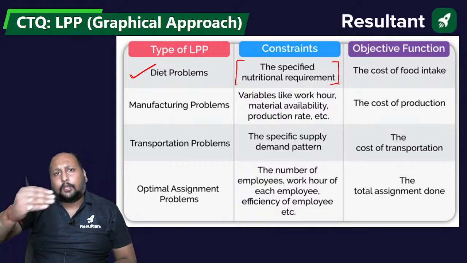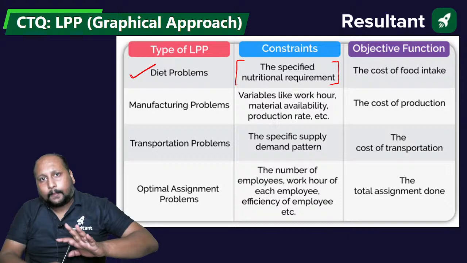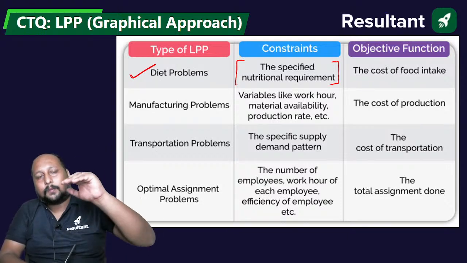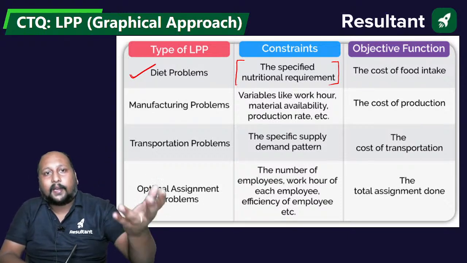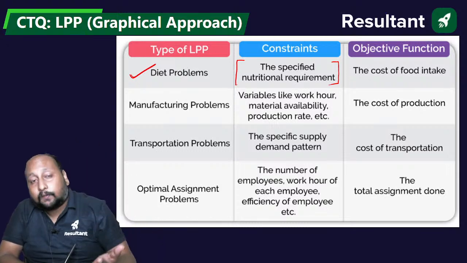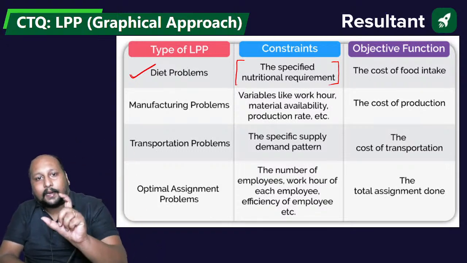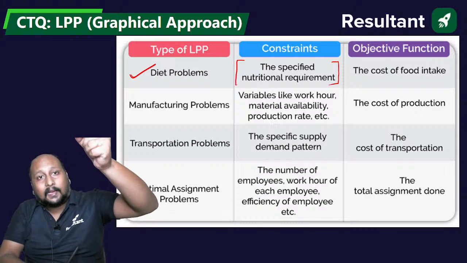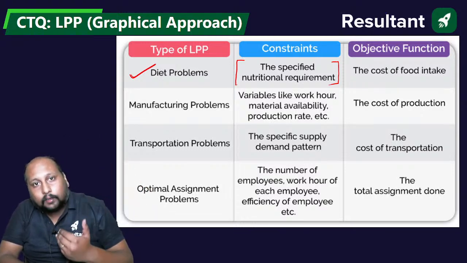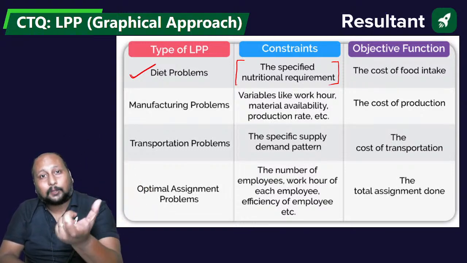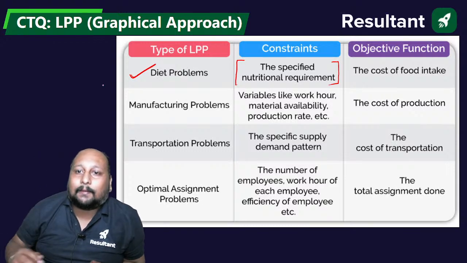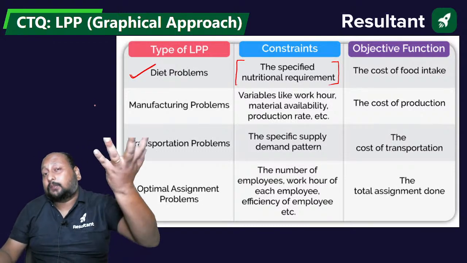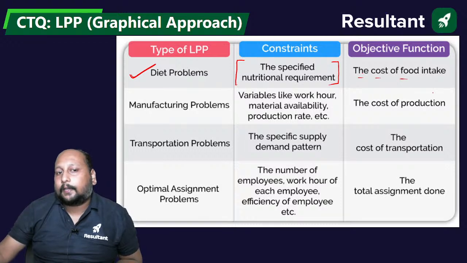Let us suppose your body mass index is very high, so definitely you need to cut down some specific nutrients and add some specific nutrients. Based on that, we make a diet chart, the best possible diet chart, using this LPP method. And what is the objective function? The cost of food intake.